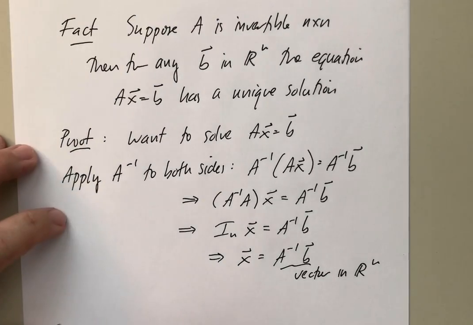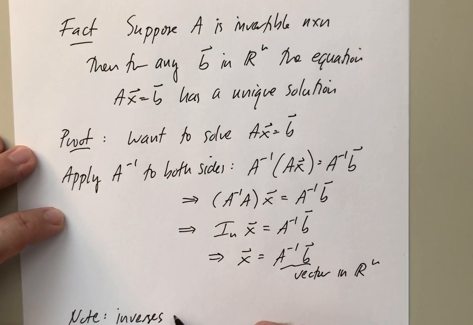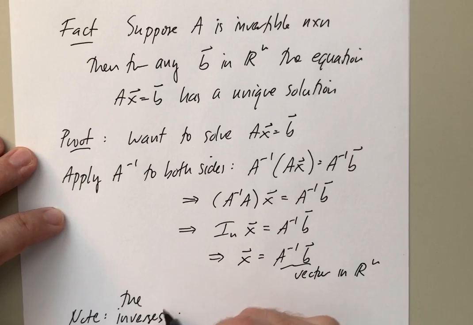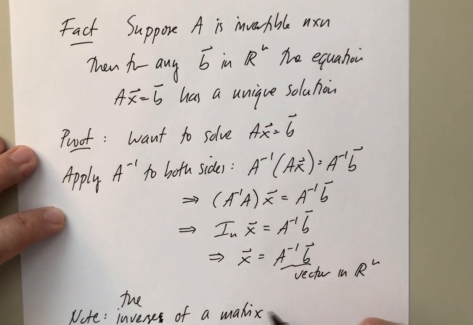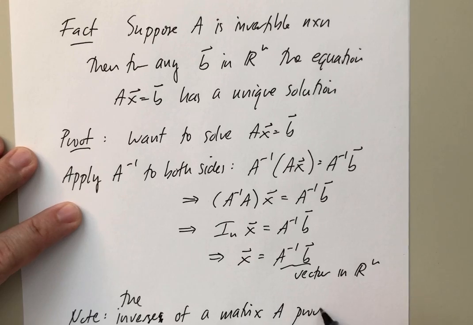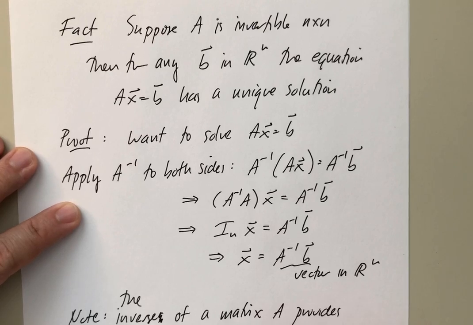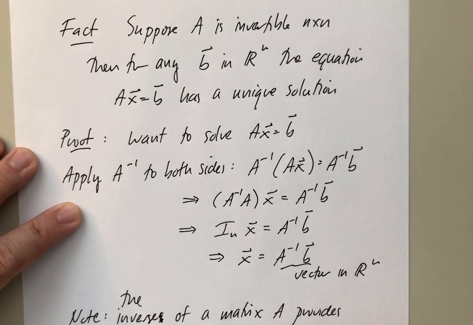So the observation here is that the inverse of a matrix A provides a way to solve a system or equation Ax equals b.